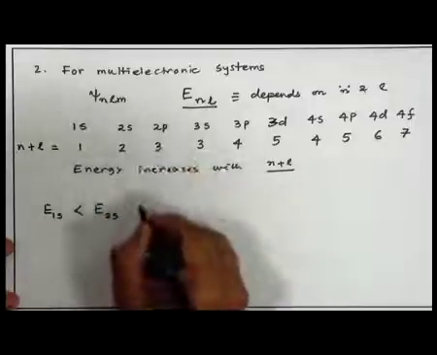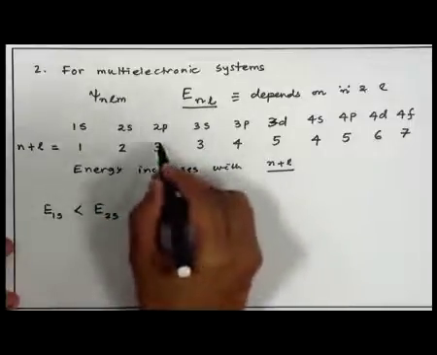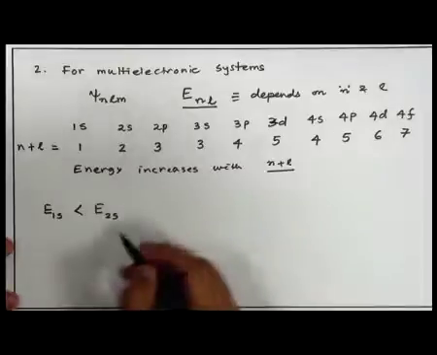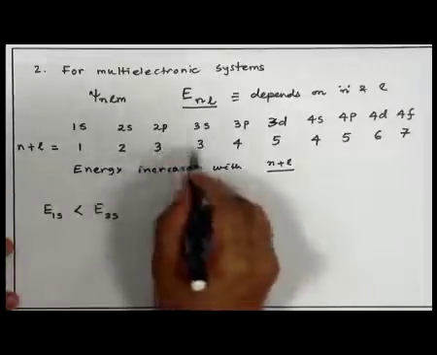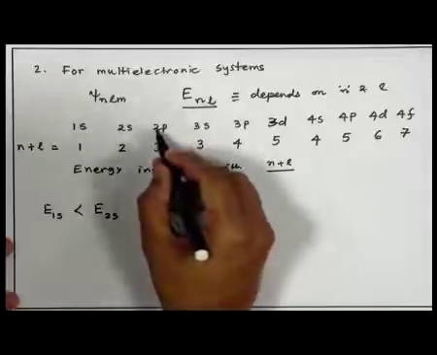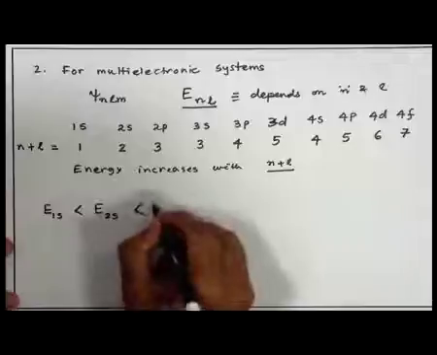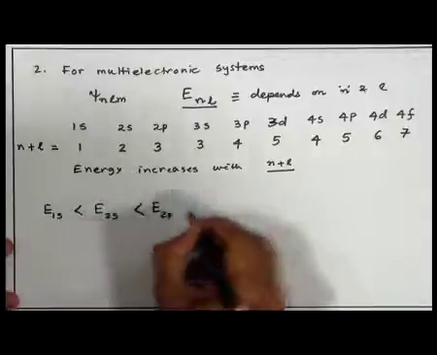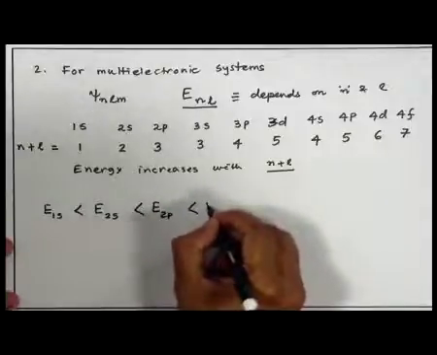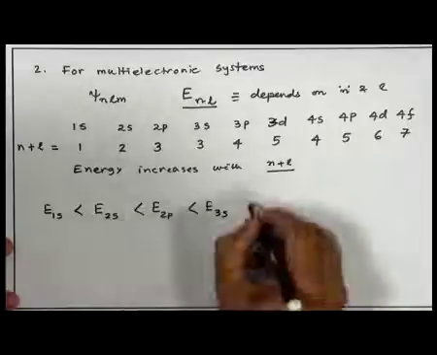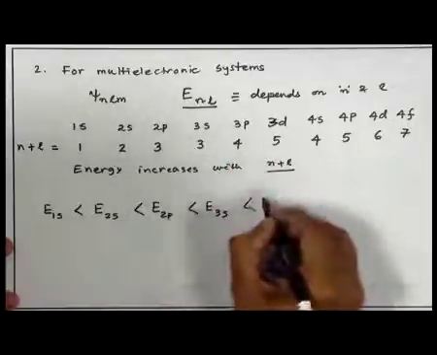That is 2p, and then you see both 2p and 3s have the same value of n plus l. When they have the same value of n plus l, the lower value of n gets precedence, or has lower energy. So, then comes E2p, E3s, then E3p.